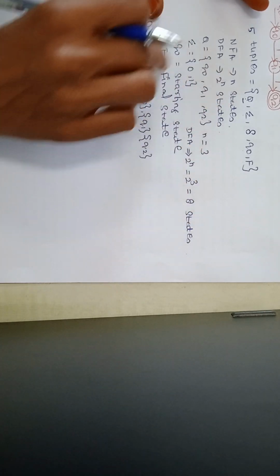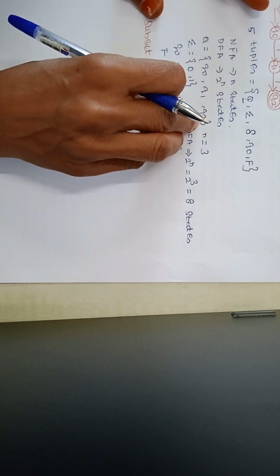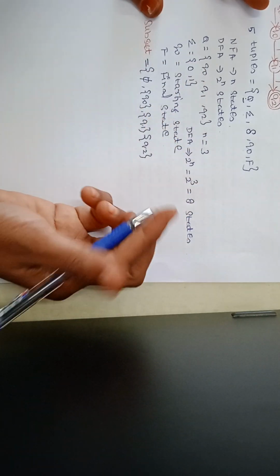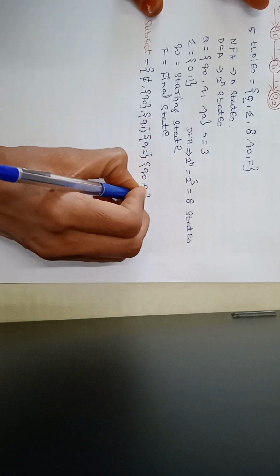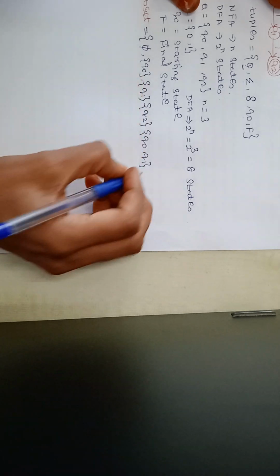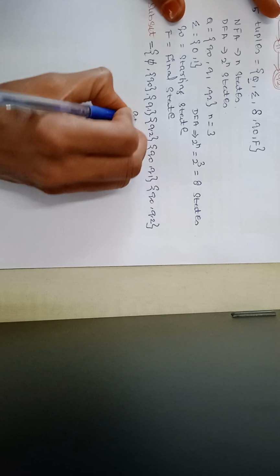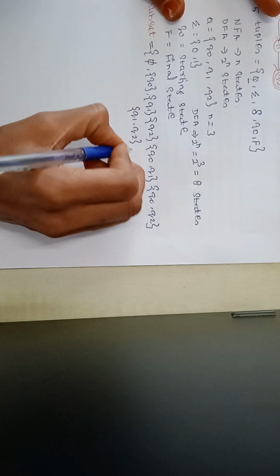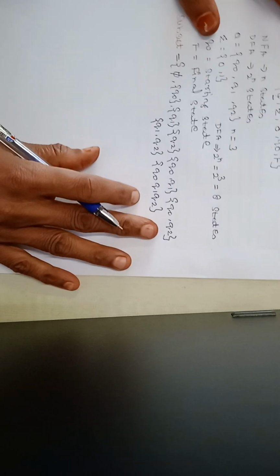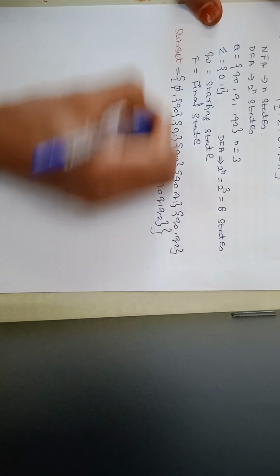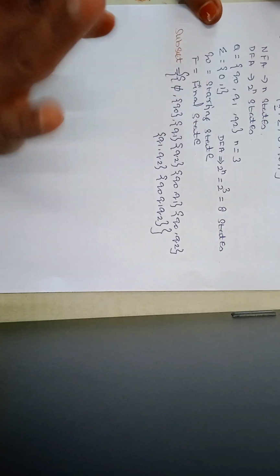Then we construct all the possibilities: Q0 Q1, Q0 Q2, Q1 Q2, and the last one Q0 Q1 Q2. This is also called the subset of the possible states.